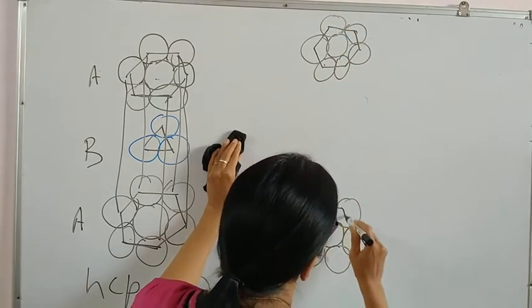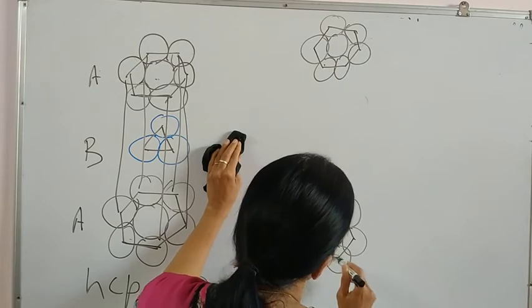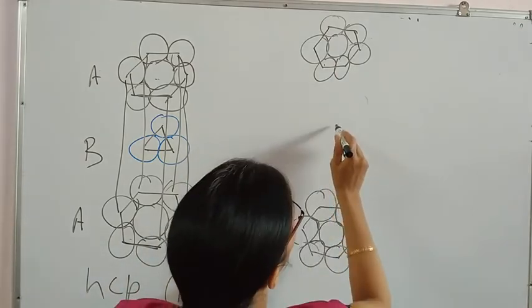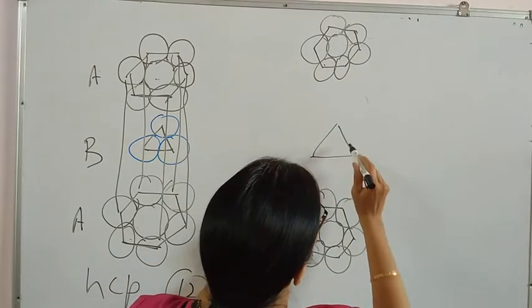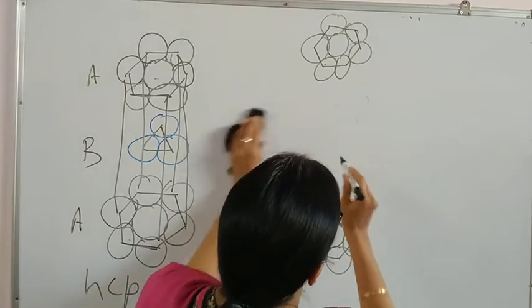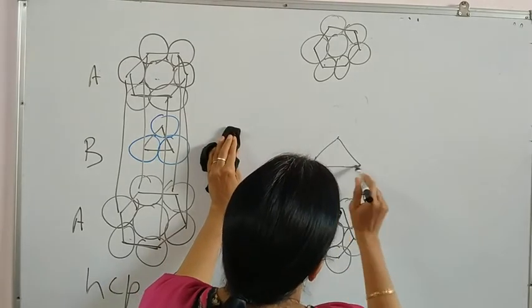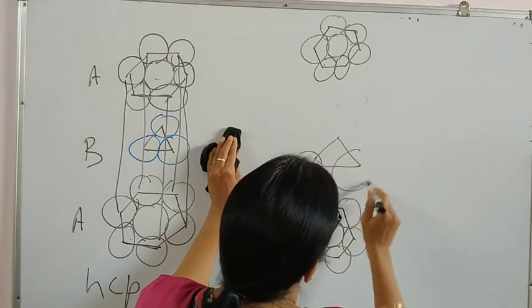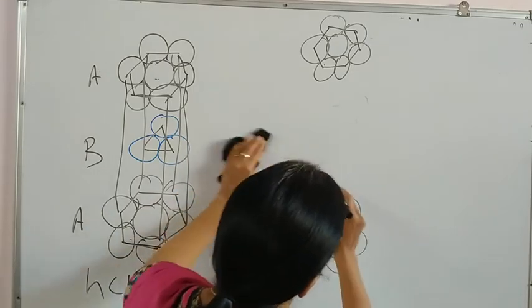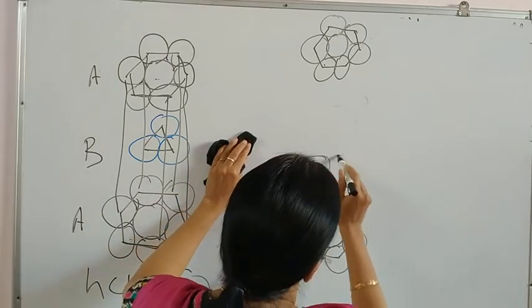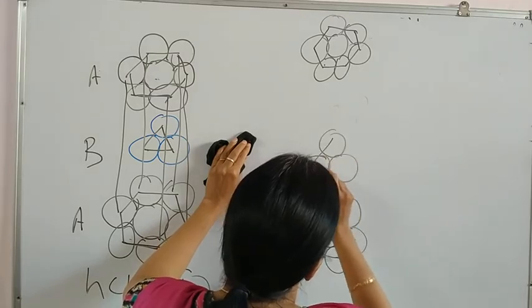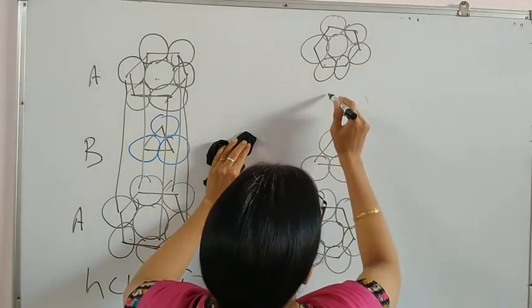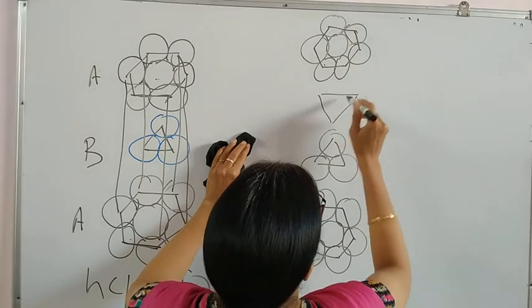Hexagon, one smaller triangle I am drawing, and this one is an inverted, opposite triangle.